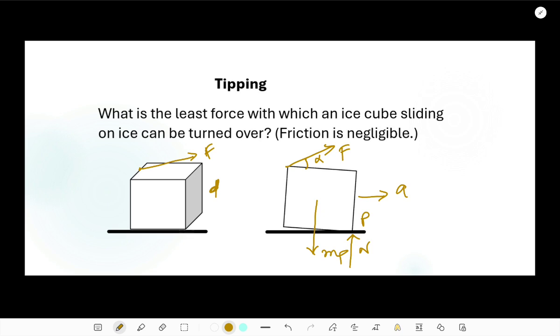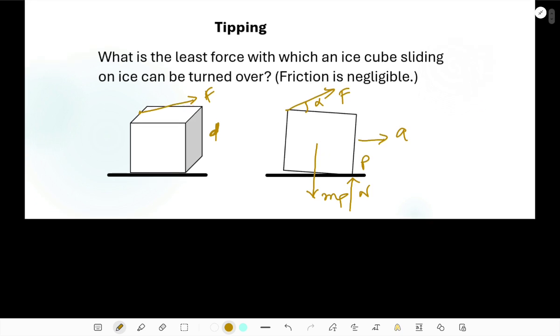So it is not a big thing to assume that the cube accelerates uniformly in the horizontal direction, though its vertical acceleration and rotational angular acceleration is zero. I'm not assuming any rotation and vertical acceleration right now, because this is the least force required to just topple this cube.